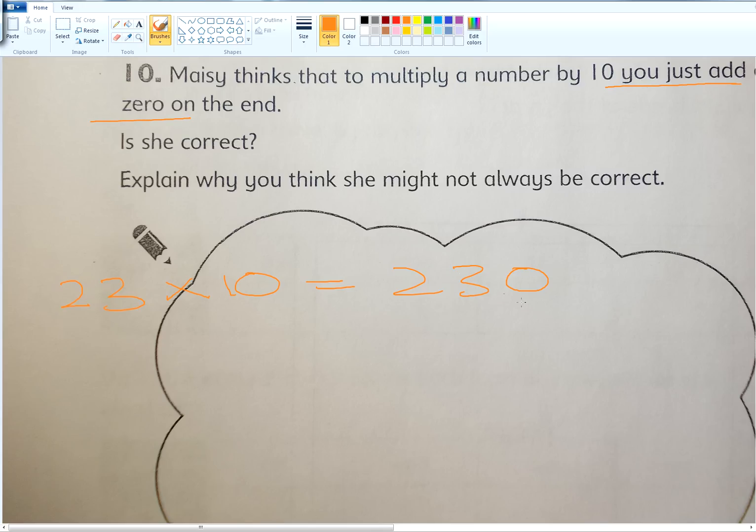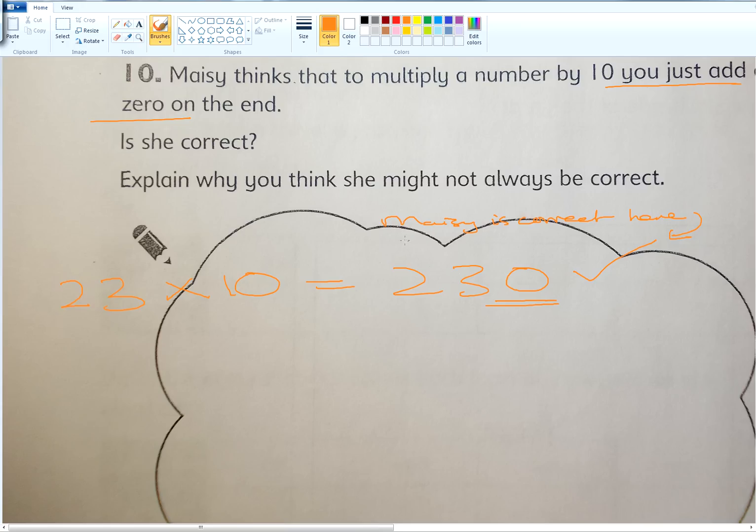In this particular question, we have just added a 0. So she's correct here. Maisie is correct for this example.